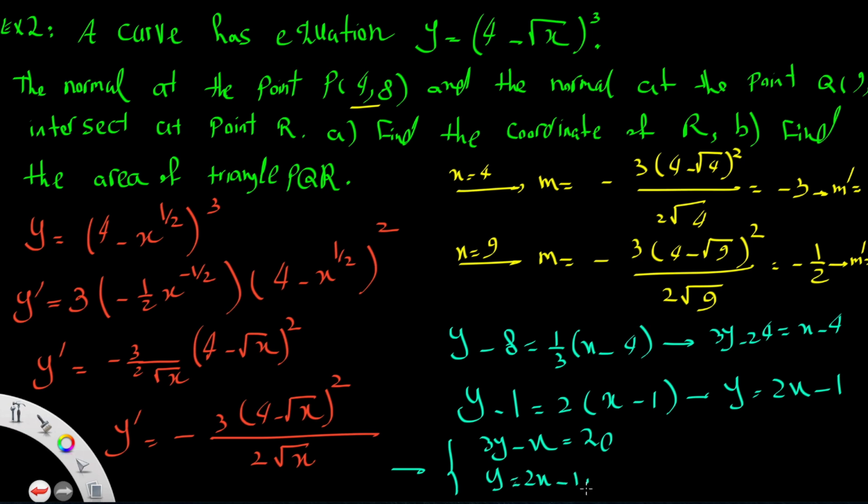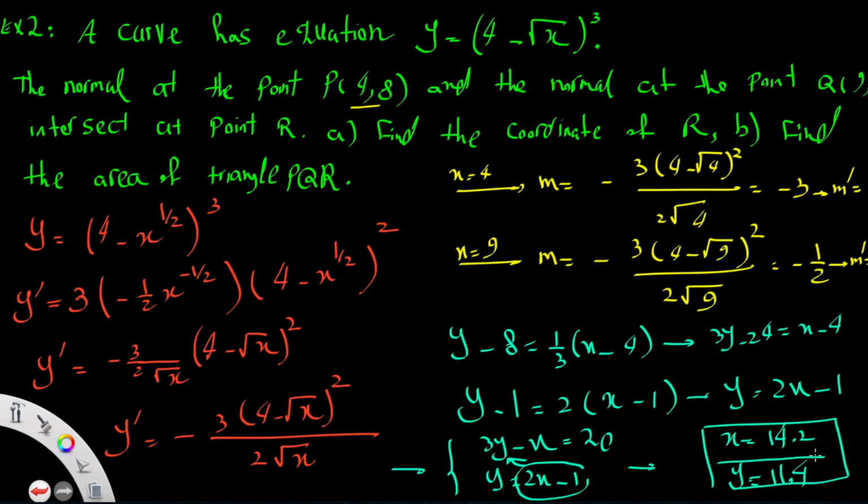Now here you can easily use the substitution method. Replace with 2x minus 1 in the first equation, and after you solve, it will give you 14.2 as the x coordinate, and the y coordinate will be 11.4. So these are the coordinates of point R, 14.2 and 11.4.